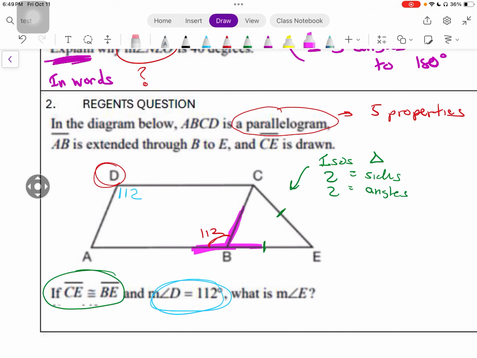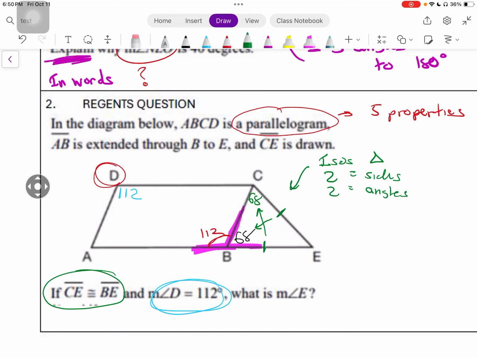That's a linear pair. So I need to fill out what this angle is. So 180 minus 112, that's going to give me 68. Again, going back to the isosceles triangle, these 2 angles are the same. So if that's 68, this is 68.